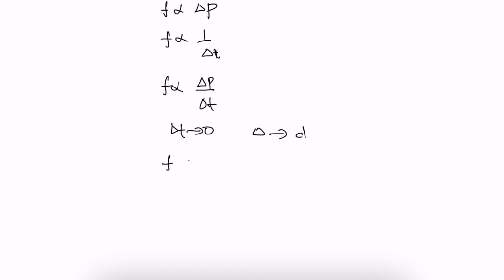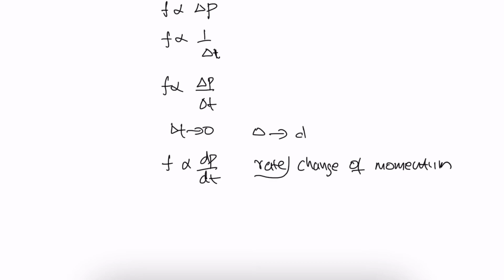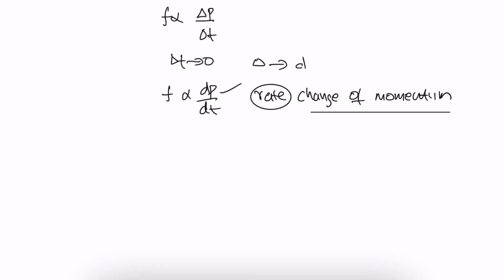Then F is directly proportional to dP by dt. See here, dP by dt is nothing but rate of change of momentum. So dp by dt: 1 by dt means rate, dp means change of momentum. So this is Newton's second law.